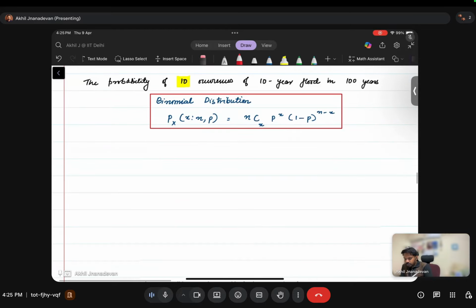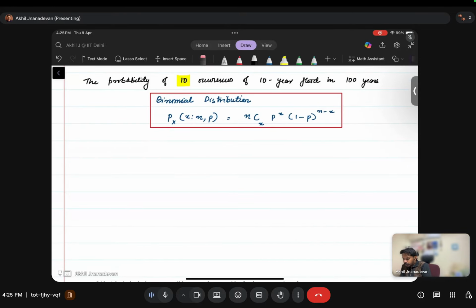So here, in this case, to get the above probability, x, the number of occurrences that we want, is 10, right? And the maximum number of occurrences n will be 100 years, right? And the success probability is 0.1 that we already found. So we can substitute this to get the probability of 10 occurrences of a 10-year flood in 100 years.